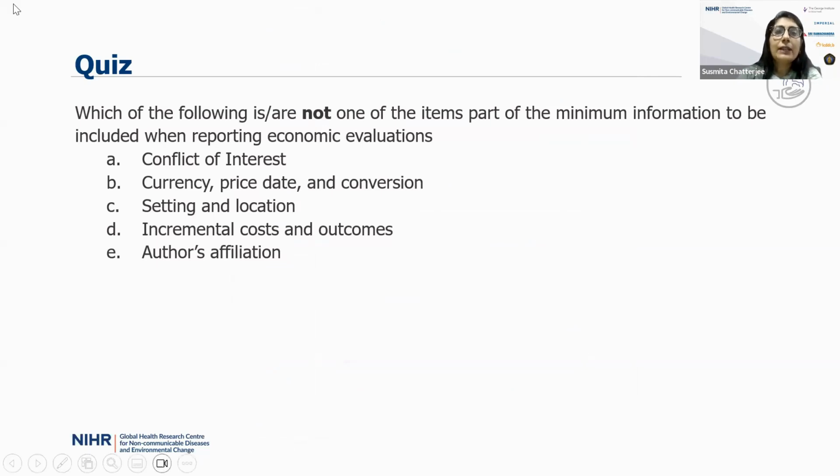So those who answered E are right, but B is not the correct answer. All of these, A, B, C, D, are absolute requirements for that year's checklist. Okay, so that's the end of our economic evaluation course.